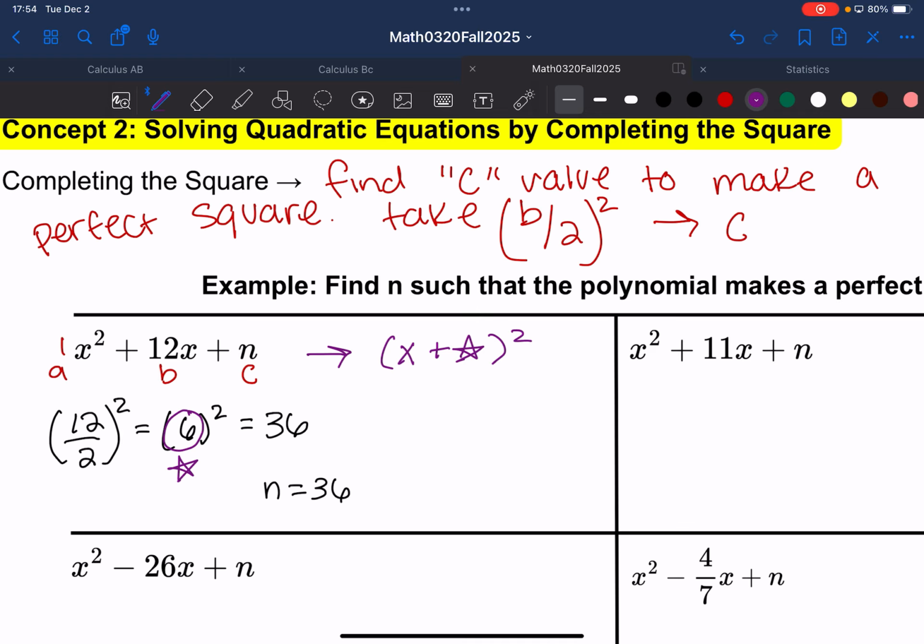Okay, so in this case, if we were going completely all the way through the steps, this would be x plus 6 squared as our answer. And we were only able to do that because we found an n value that made this a perfect square. But we'll do more of that in the next step. Here we're just practicing that first step.